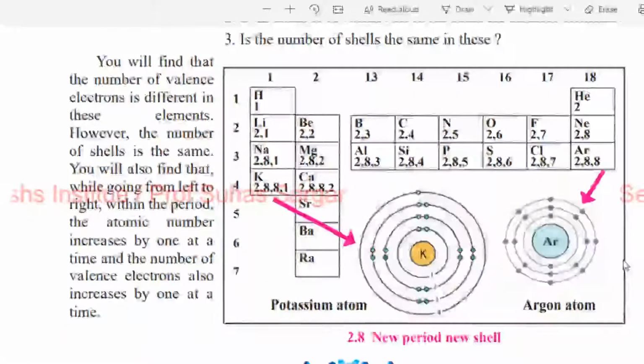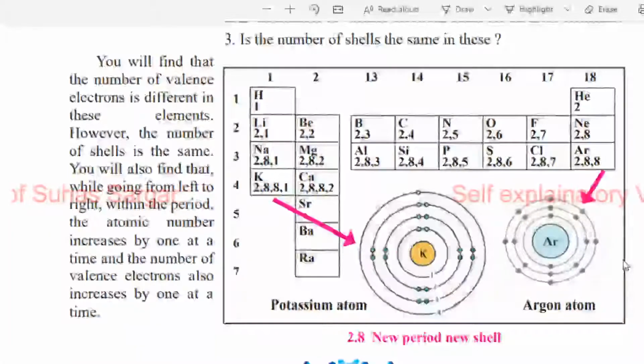Now, you will find that the number of valence electrons is different in these elements. However, the number of shells is the same. You will also find that while going from left to right within the period, the atomic number increases by 1 at a time and the number of valence electrons also increases by 1 at a time.